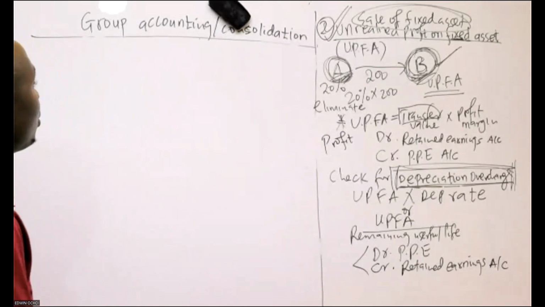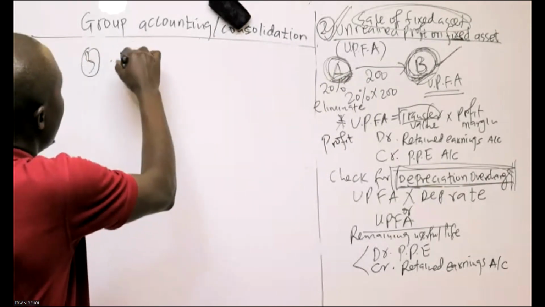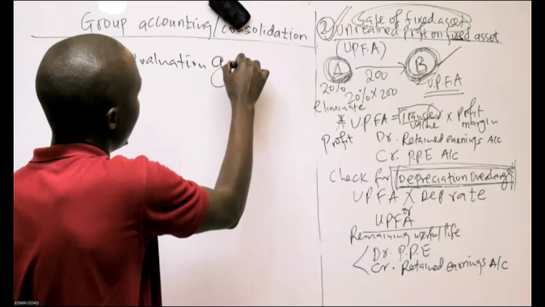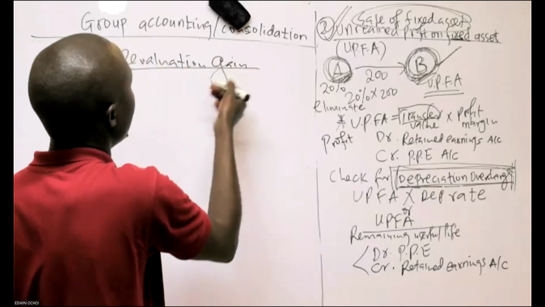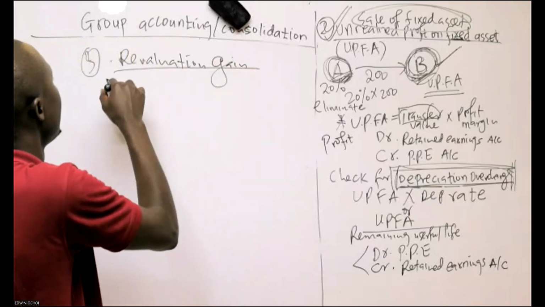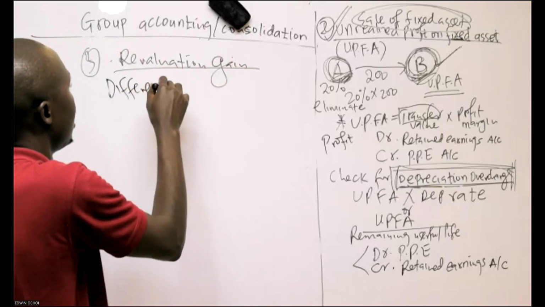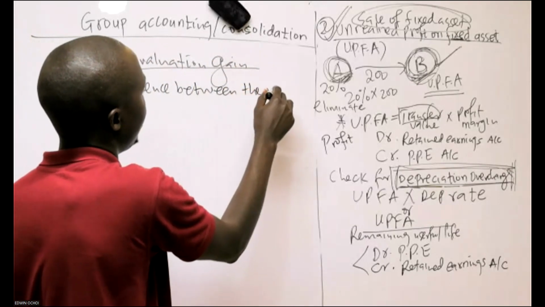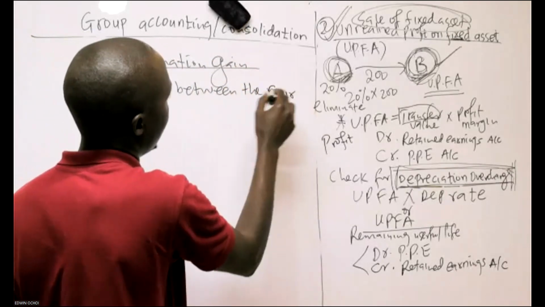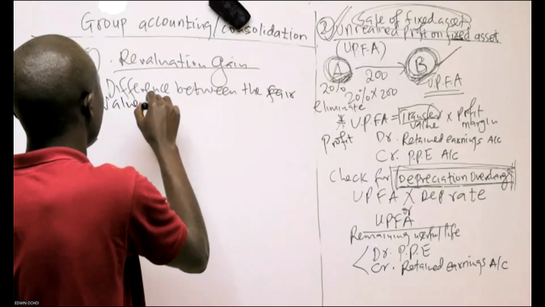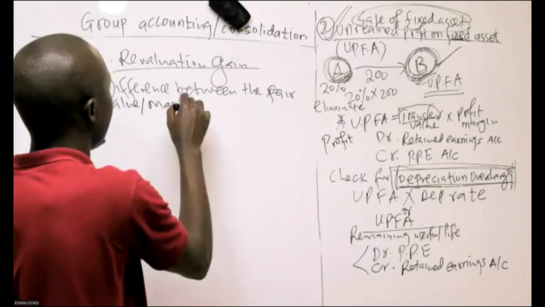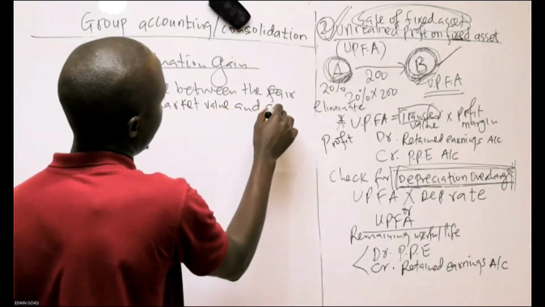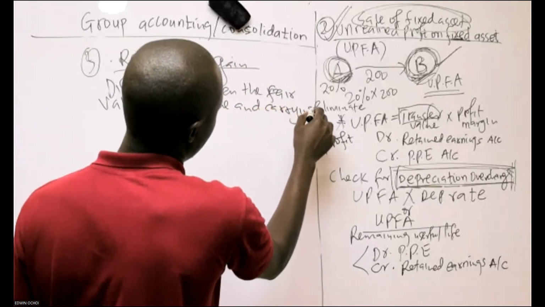So the next thing we have to look at is the revaluation gain. We always say that the revaluation is the difference between what? Difference between the fair value or market value, and the carrying amount, as said by one of our students.